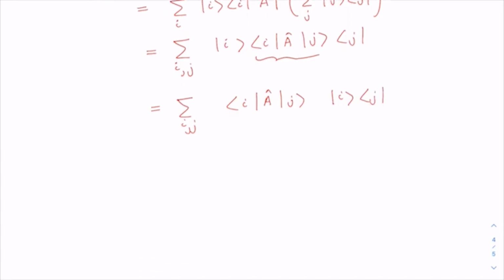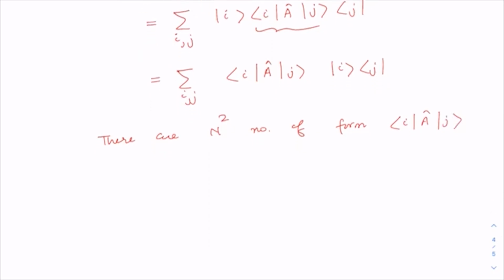There are altogether n squared numbers of the form bra i A ket j, where n is the dimensionality of the ket space.